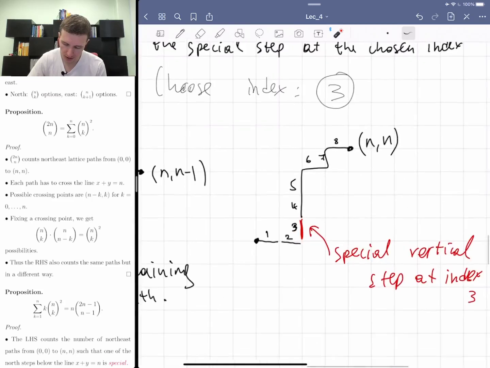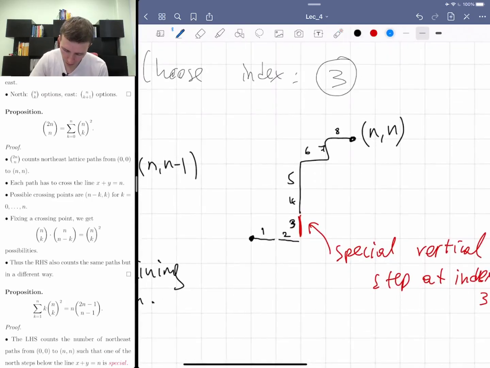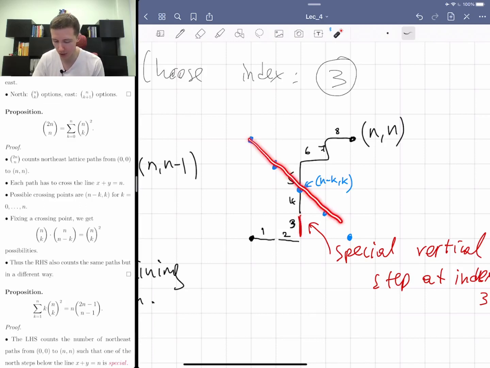The first n steps end exactly at the anti-diagonal points n minus k comma k, so the requirement that the special step appears among the first n steps translates into the fact that it appears before hitting this main anti-diagonal.